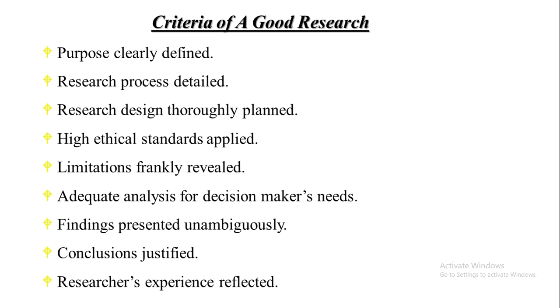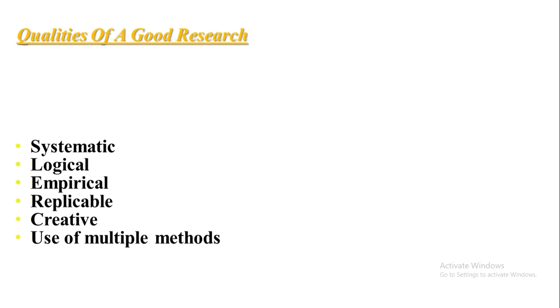A good research has a clearly defined purpose. It is processed in detail, designed and thoroughly planned, with high ethical standards, limitations frankly revealed, and adequate analysis for decision makers. There is a conclusion that is justified, and the researcher reflects.